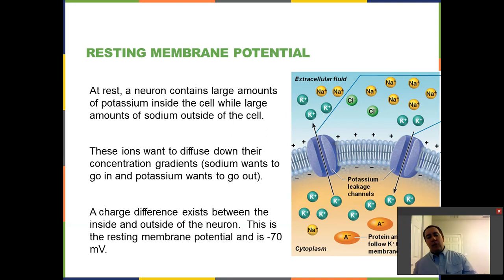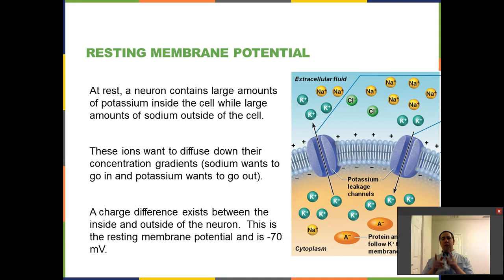So in this situation, we have a bunch of sodiums on the outside and a bunch of potassiums on the inside. They want to diffuse. Remember when we talked about movement across cell membranes, we learned about diffusion. Diffusion is just the movement of things from high concentration to low concentration.